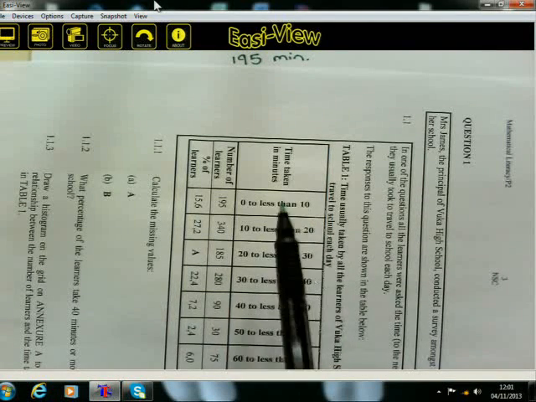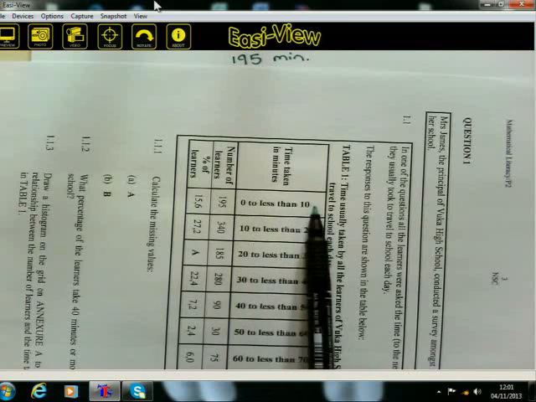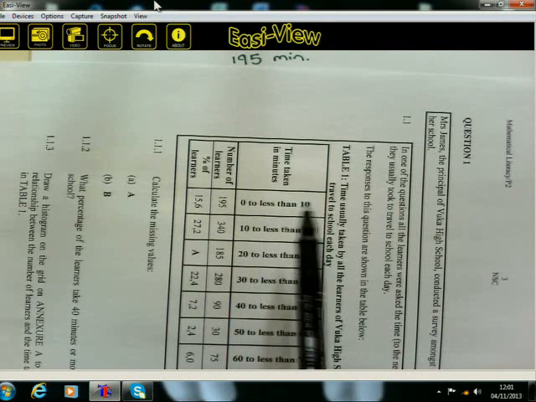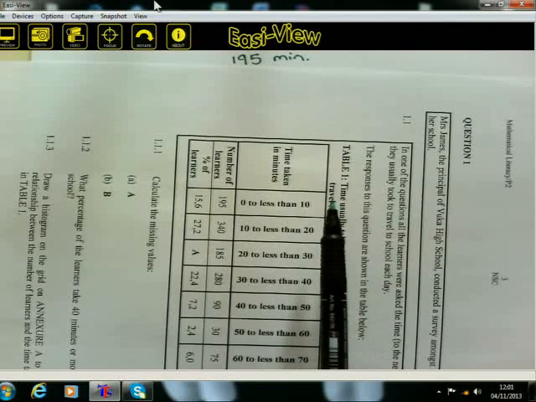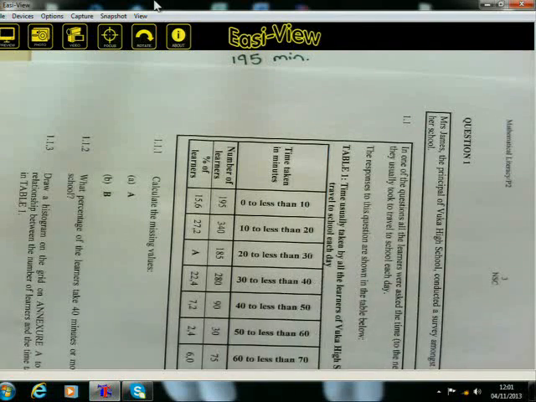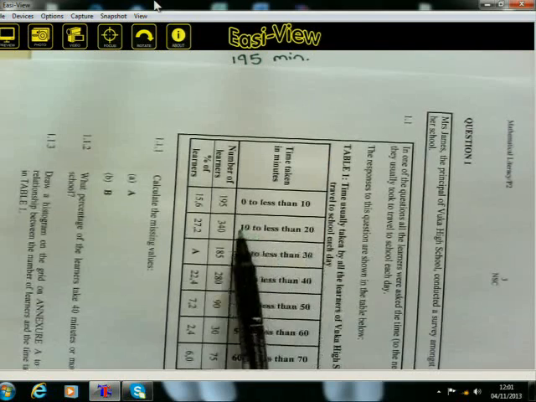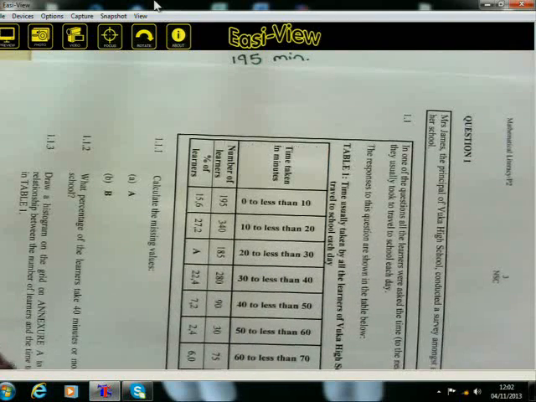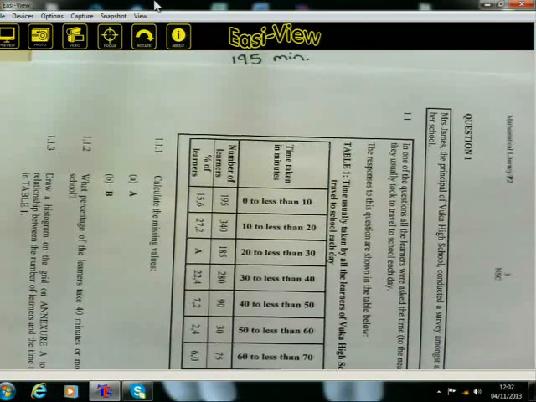So for 0 to less than 10, 0 is included, 1, 2, 3, 4, 5, 6, 7, 8, 9 is included, but 10 is not included. For 10 to less than 20 means you start with 10, 10, 11, 12, 13, 14, 15, 16, 17, 18, 19. They are all included, but 20 is not included.